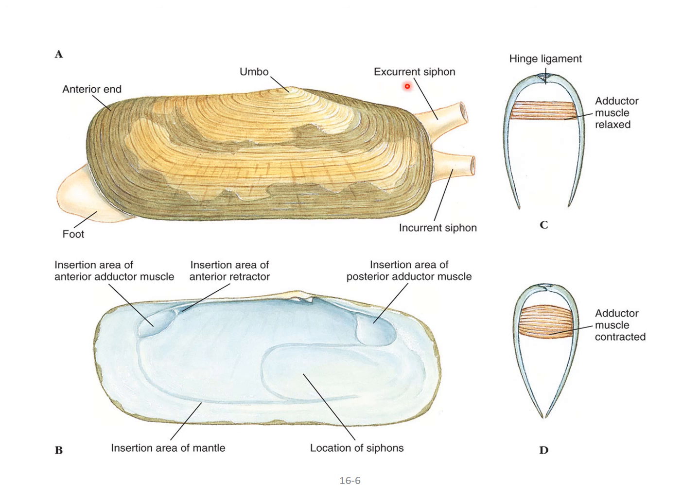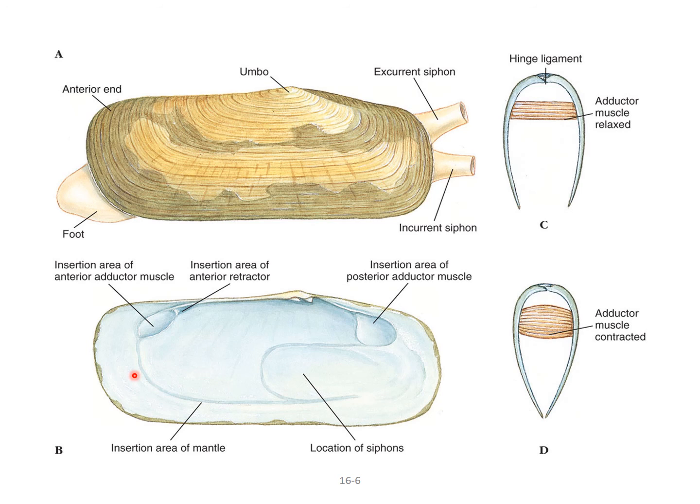And at the other end, the posterior end, we have the incurrent siphon and the excurrent siphon. And here's a shot of the two valves and the elastic hinge. So when the adductor muscles are relaxed, the two valves open.